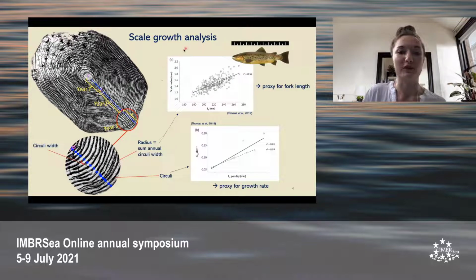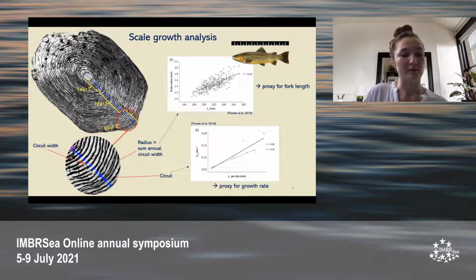To solve those questions, I conducted a scale growth analysis. As I already mentioned, I used scales from the repository, and I sampled, prepared, and photographed them under the microscope, and the result you can see here. Then I extracted several growth parameters from the scale.